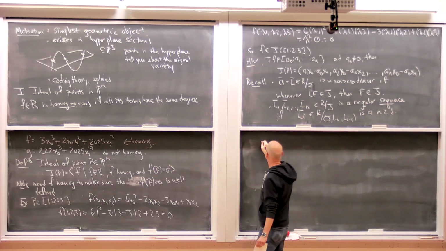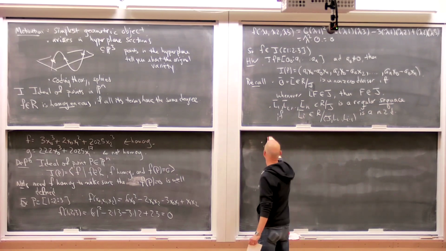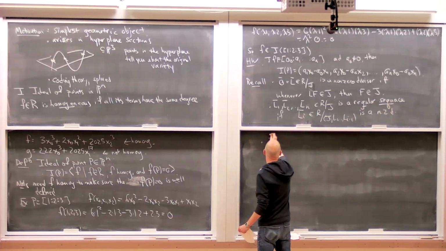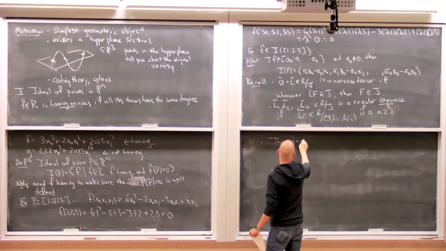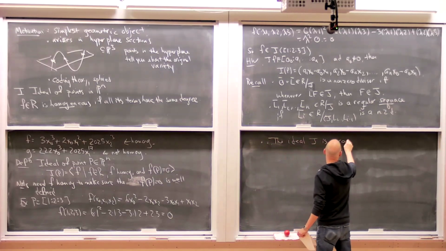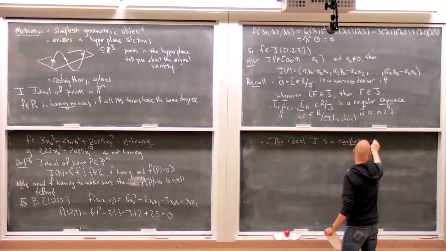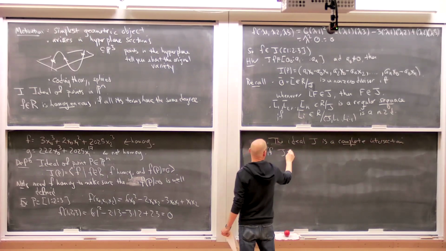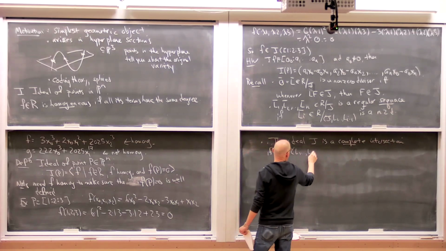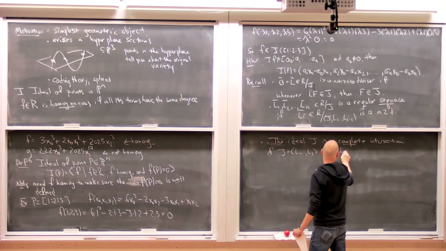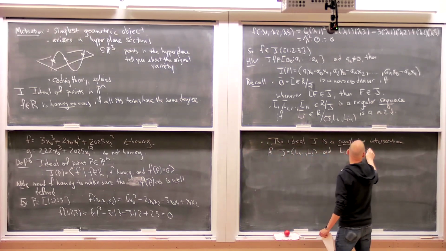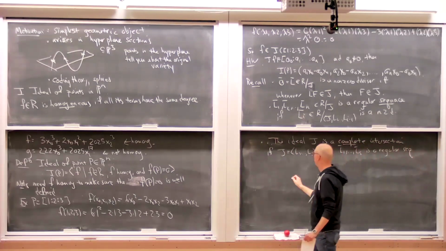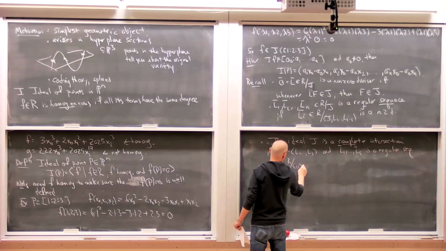One term I don't think Sarah mentioned is the idea of a complete intersection. So we say that the ideal J is a complete intersection if J is generated by L1 through Ls, and L1 bar up to Ls bar is a regular sequence on R mod out by the ideal 0.